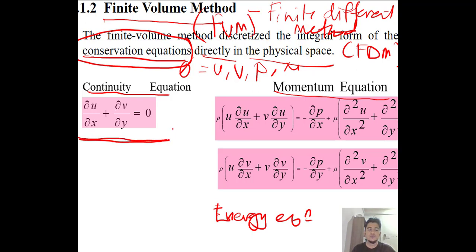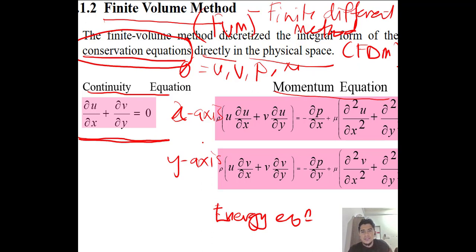In the previous chapter 2, we derived the equation together and came up with this PDE, partial differential equation: the partial derivative of u velocity over x plus the partial derivative of v over y equals 0. And then in the momentum equation, because this is two-dimensional, we have the x direction and also the y direction of the flow.